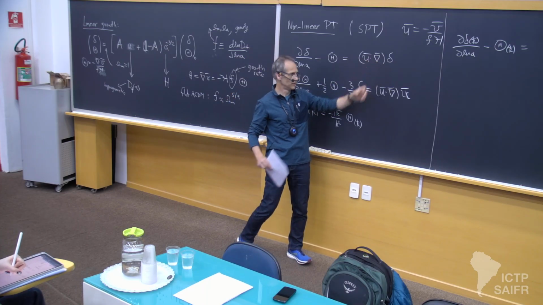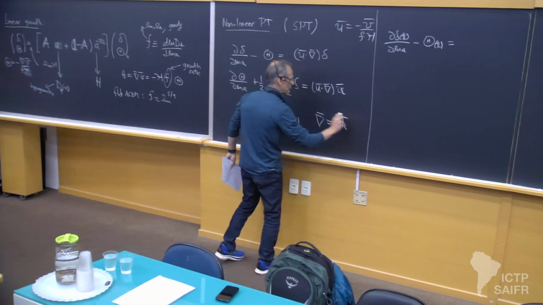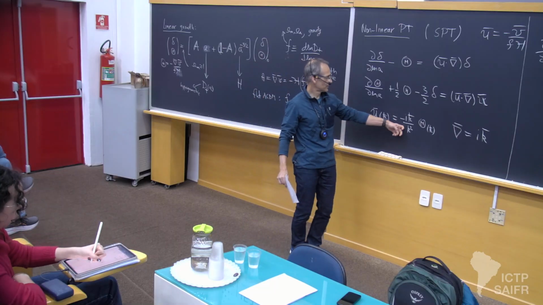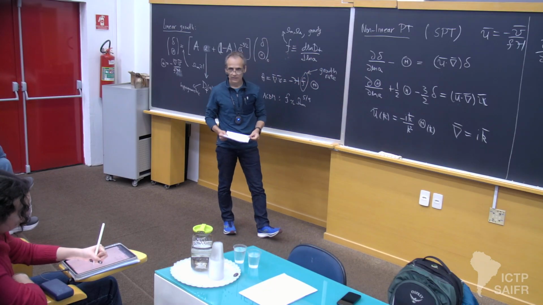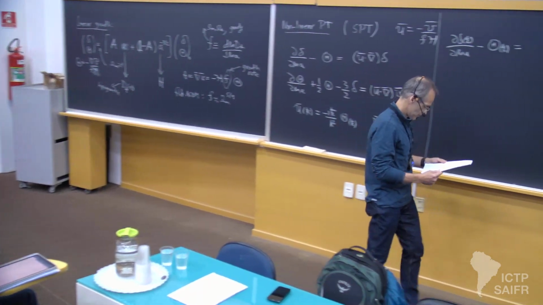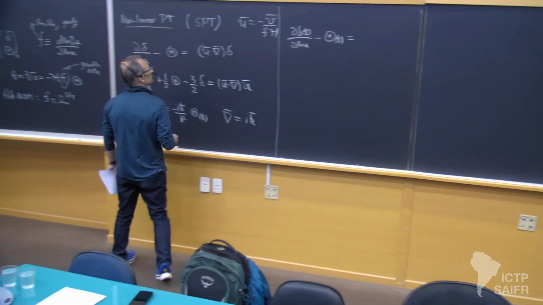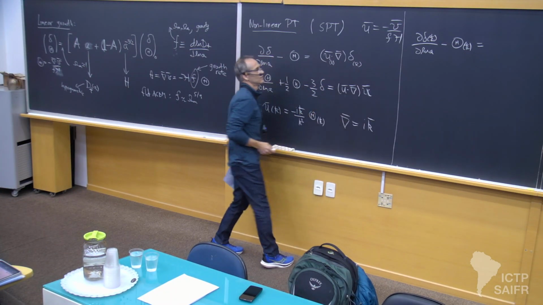And there will be some Fourier structure here, right? Because gradients become multiplications by k vector, and the velocity has this structure as well. So now the right-hand side is going to have some Fourier vectors appearing. And the other thing you have to notice here, these are at the same location, right?